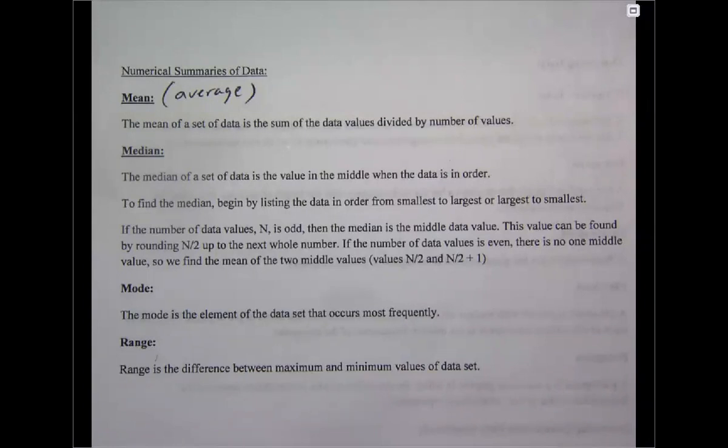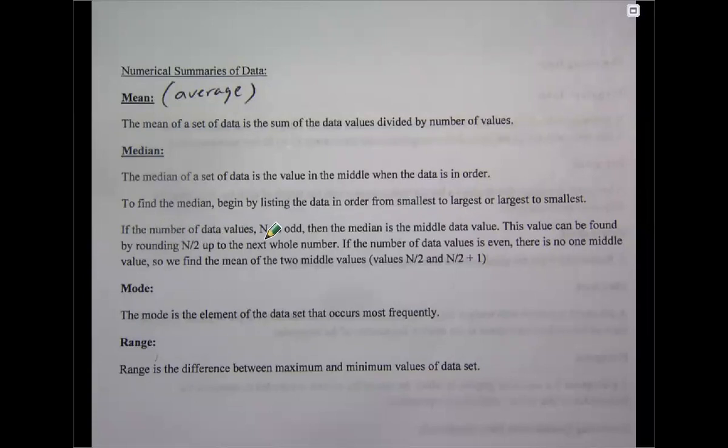Okay? But sometimes you have a huge number of data values, so writing it down manually on paper is not possible. So you have to use the rule here. To find the median, begin by listing the data in order from smallest to largest or largest to smallest. You can go from small to large or large to small, but you have to have some kind of order.